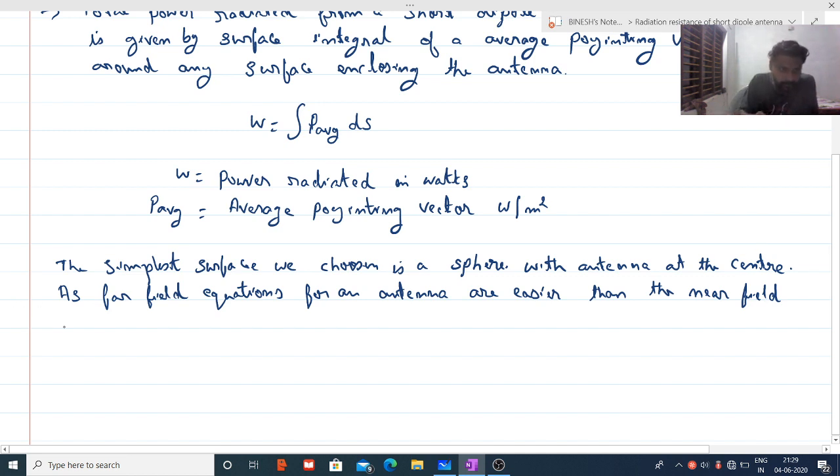Okay, near field relation. I think that is clear for you. So we will take only the far field component.